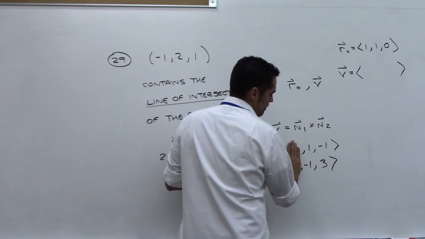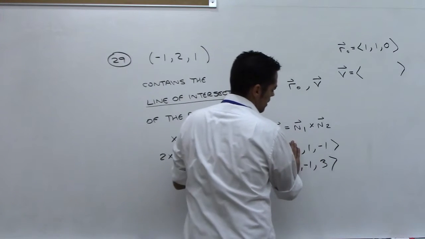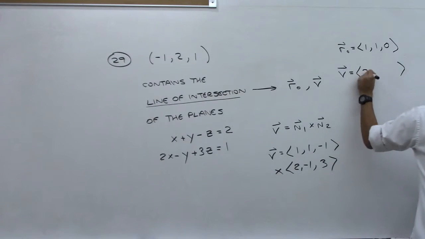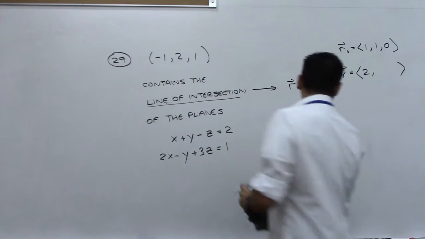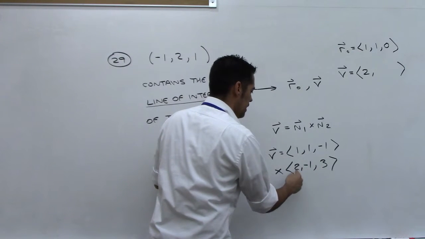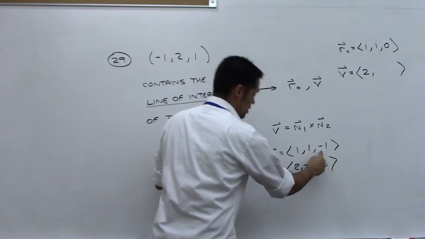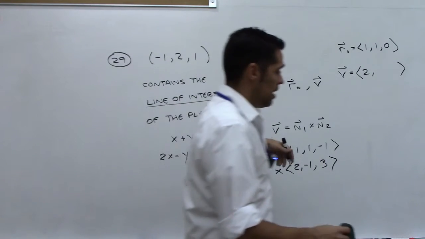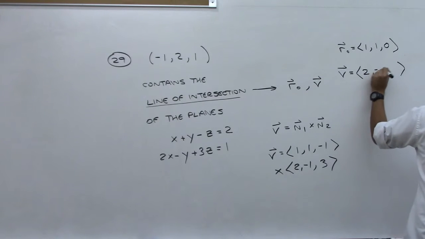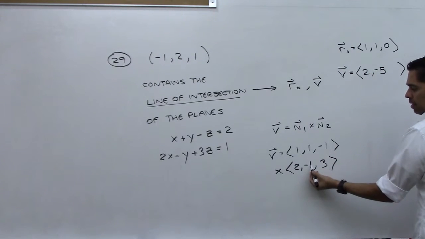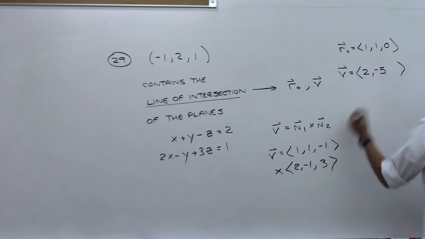Cover up the I. Get 3, take away positive 1, that's 2. Okay, cover up the J, so we get 3, take away negative 2, so that's same as 3 plus 2, which is 5, but then it's the J, so we subtract it, so negative 5. And then cover up this, we get negative 1, take away 2, that's negative 3.